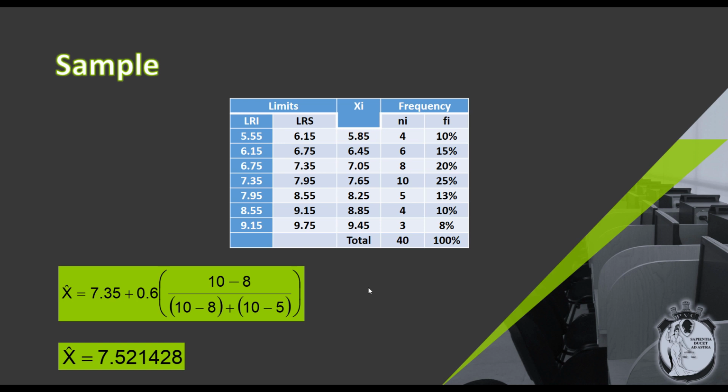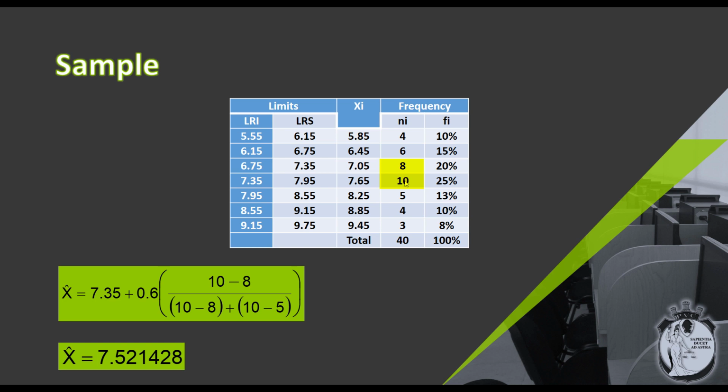Delta is the difference between the modal class. What is the modal class? The class that you select for the mode, and the class before that. You check here, the frequency is 8 and the frequency of our modal class is 10.